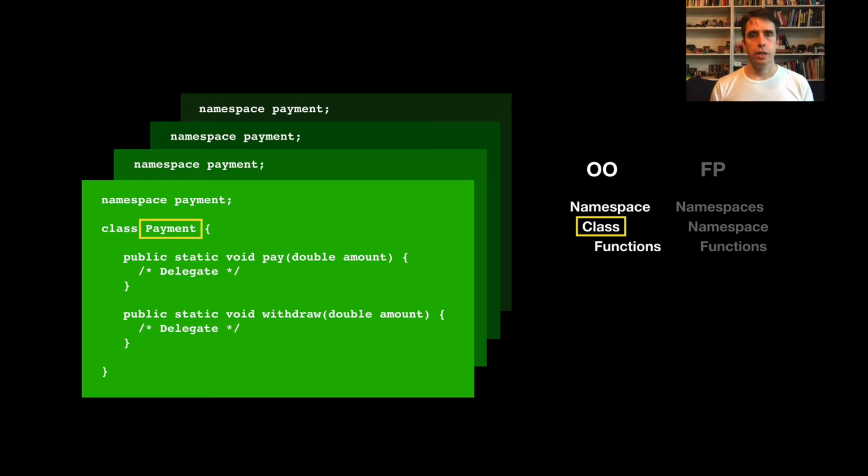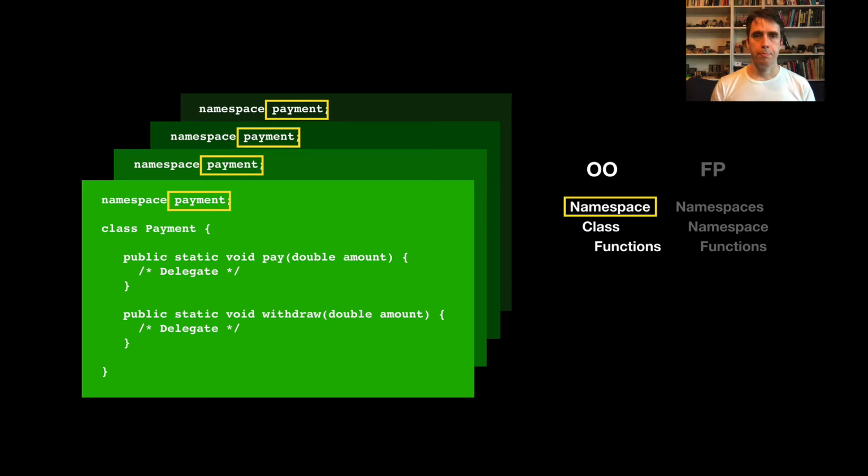And those functions would live in the payment class. And because a component is static, or stateless, we don't instantiate those classes. And everything would live in the payment namespace in this case.